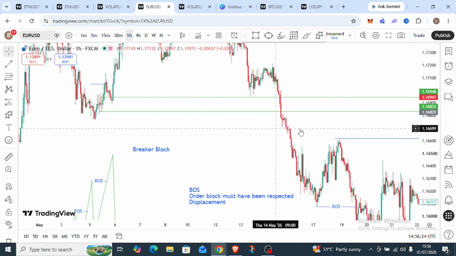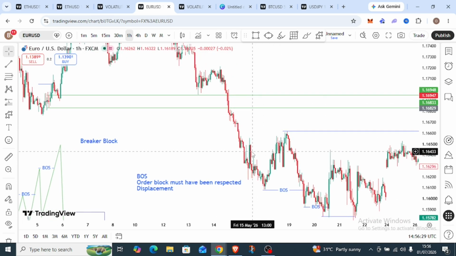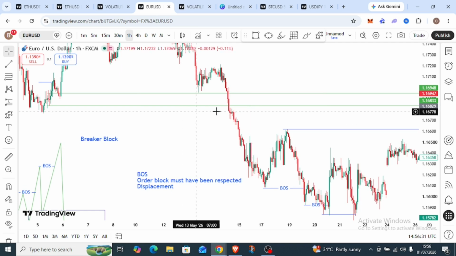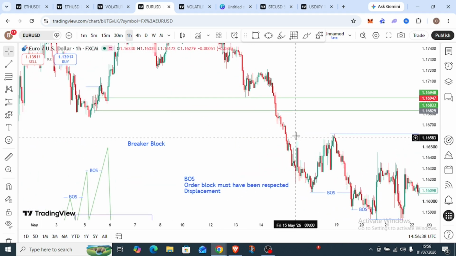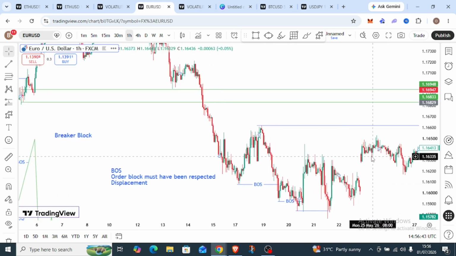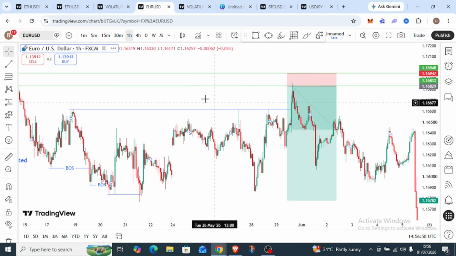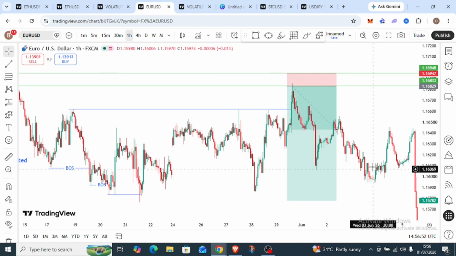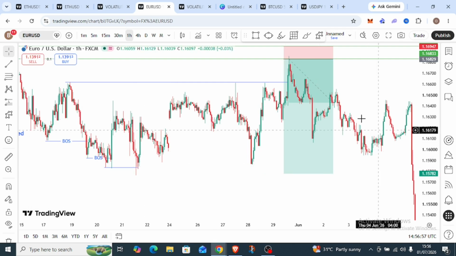So let's look at this together. You can see that there is inducement created here. So we wait for price to pull back to this breaker block, and here it is. When price got back to this breaker block, I shorted this market, and as you can see, I targeted the low here, and this is a winning trade.